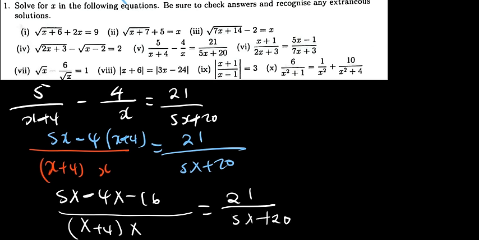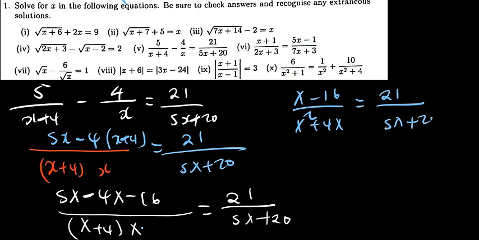At this point, I can clearly see that 5x minus 4x is going to give me x. So I have now x minus 16 divided by, if I want, I can also expand this. I'll say x times what is inside. So x times x is x squared. X times 4 is 4x. Should be equal to 21 divided by 5x plus 20.